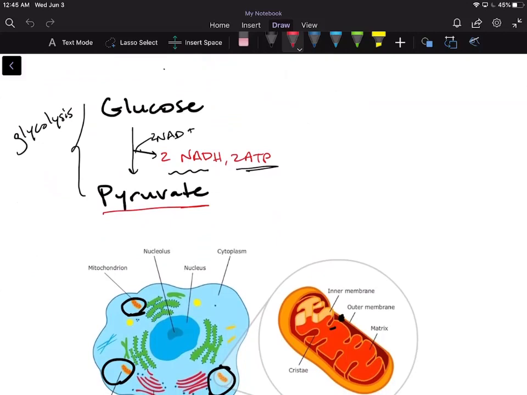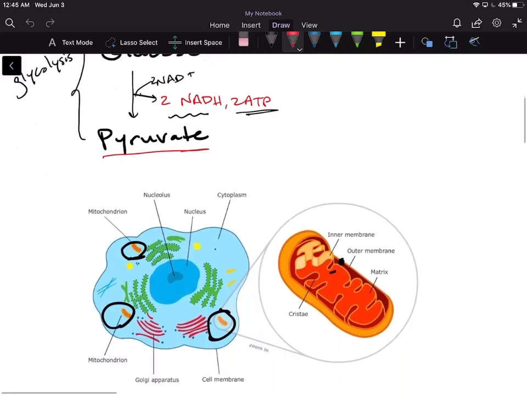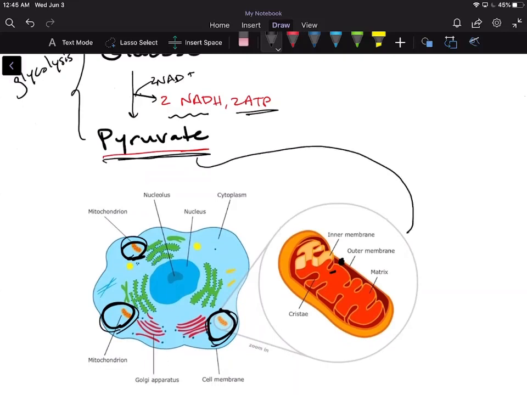But just so that you are aware, you see all these mitochondria that I circled right over here. As soon as we form pyruvate, these pyruvate molecules are going to be transported into the mitochondria. So this is just a zoom in of the mitochondria. We have a bunch of different mitochondria in our cells.